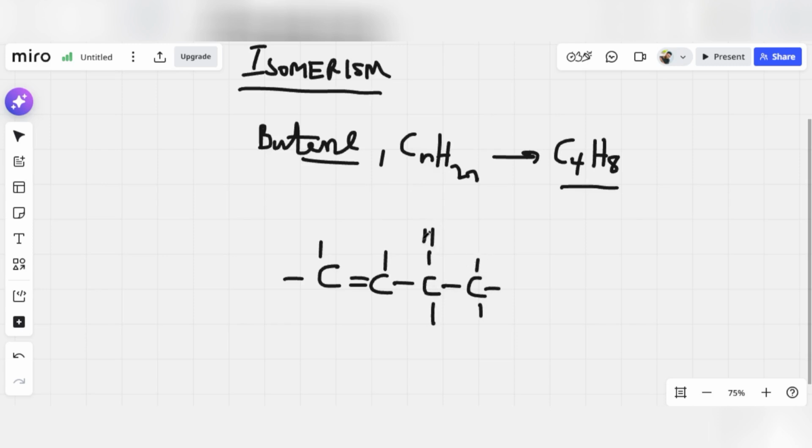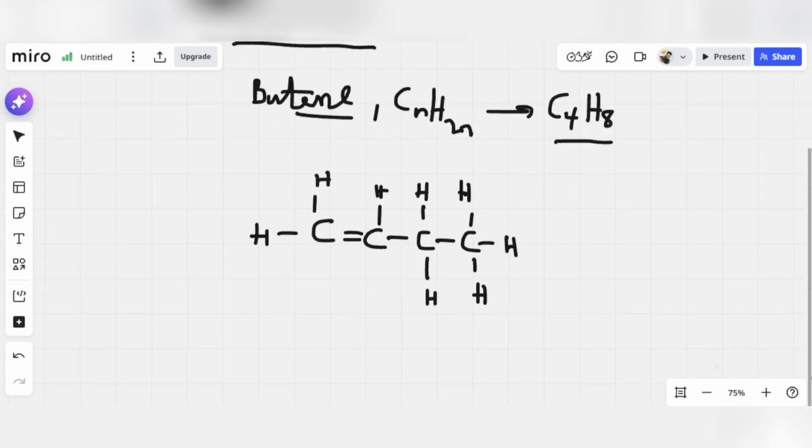So that's how to draw that, H, like that. So yeah, we are on the way now. If you look at this, this is 1, 2, 3, 4, that's C4, and 1, 2, 3, 4, 5, 6, 7, 8, H8, which is actually correct because it's a double bond.